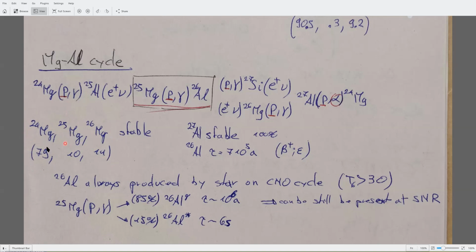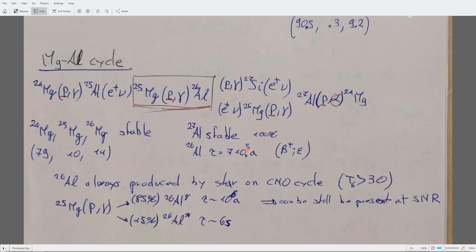This is just if you want the percentage you can find here on Earth. But it's similar. This cycle is produced when you have a CNO cycle, because it's working at temperatures above 30 million. And you have the aluminum in two states, one more stable than the other. One is in the ground state and the other is excited.